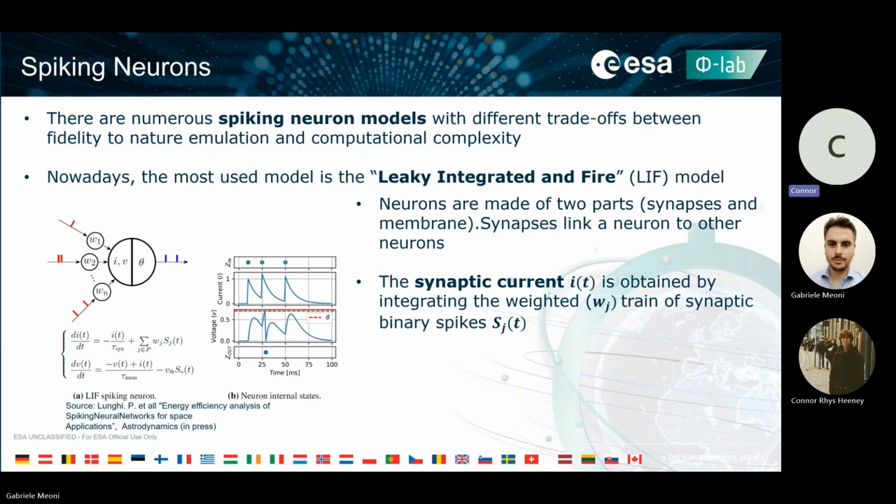And then on the membrane side, the neuron has its own voltage. You see here the spiking current. When you have a spike, the voltage accumulates the current, integrates the current, and when the voltage passes a certain threshold, the neuron emits a spike and the voltage is reset by subtracting the value of the threshold.